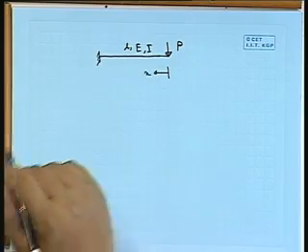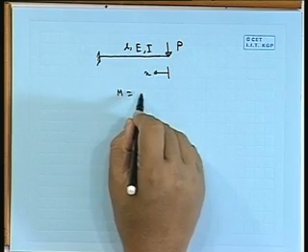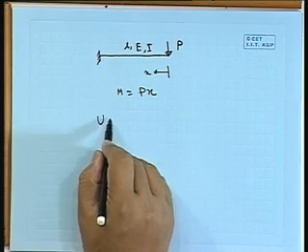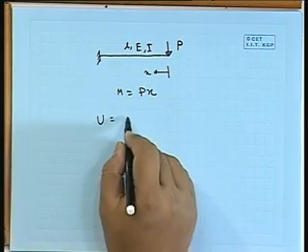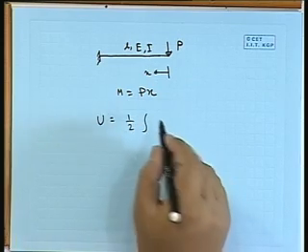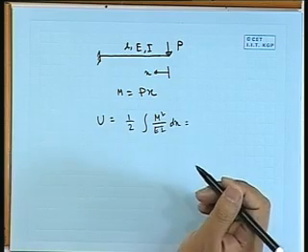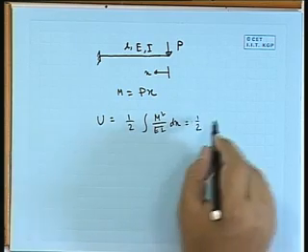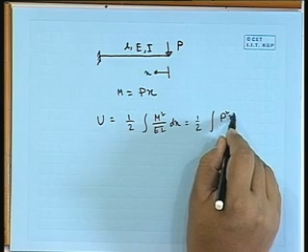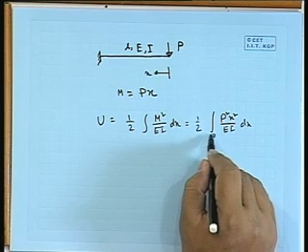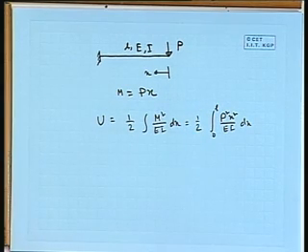So, if we start x from here, M will be P into x, and our energy is half, integral of M squared by EI dx. It will be half, P squared x squared by EI dx, with limits 0 to L, right. So, that is the expression for the entire span.